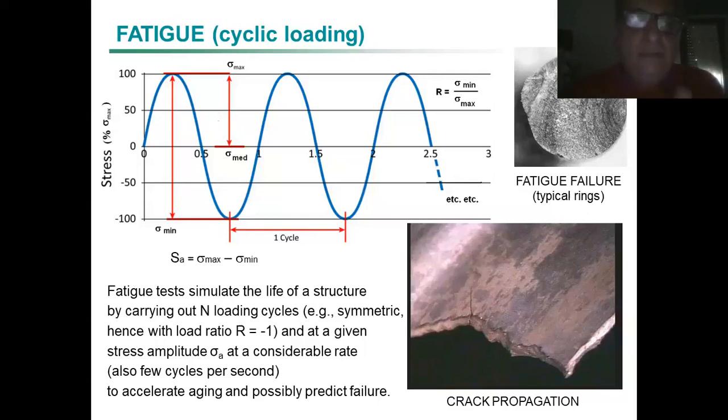We may do, for example, 10 cycles a second, so that in 5 days we would have reproduced the behavior of 50 years, to say. Of course, it depends on the structure, but the idea is acceleration of aging.